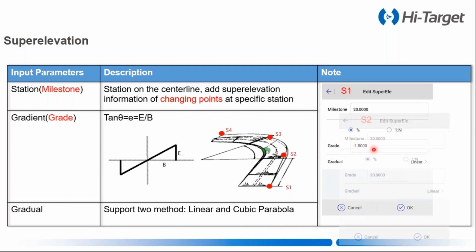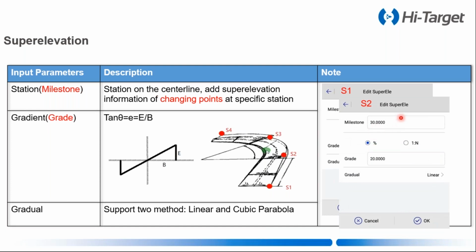Then the next one, we input S2. The station is, for example, 30 meters, and then the gradients. In order to have a better result, we just input 20% grade. Later, you can see the result.